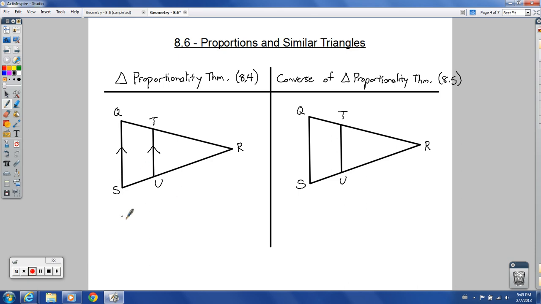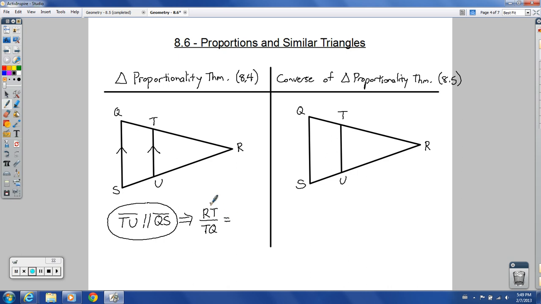So what this one says is that if they are parallel, which is why we're starting off with this in the black color, we're saying we're starting with that. So if segment TU is parallel to segment QS, that implies that RT over TQ, the parts are proportional.